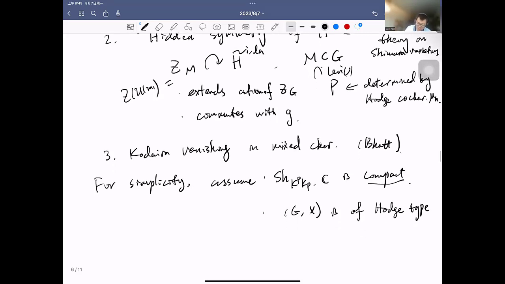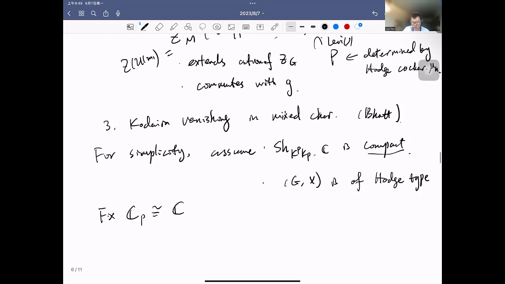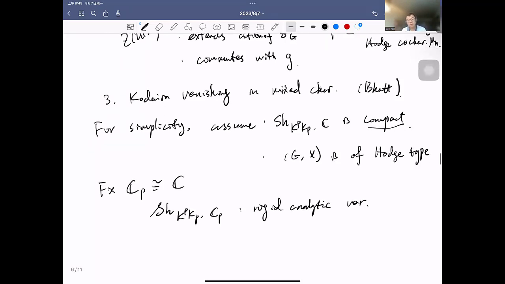So let me fix an isomorphism between C_p and the usual complex numbers, and let me use this to denote the rigid analytic variety, or adic space, associated to the Shimura variety.